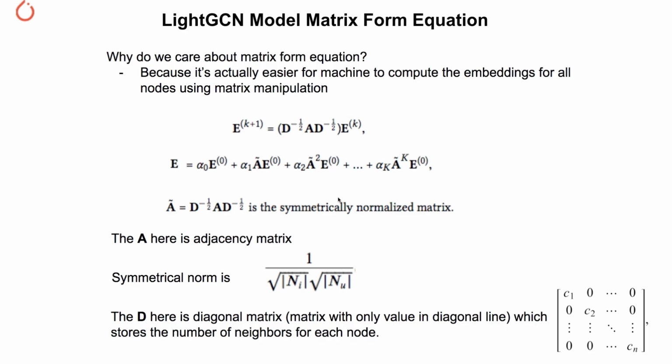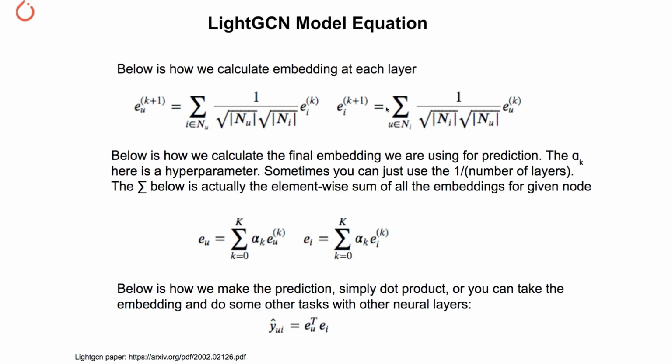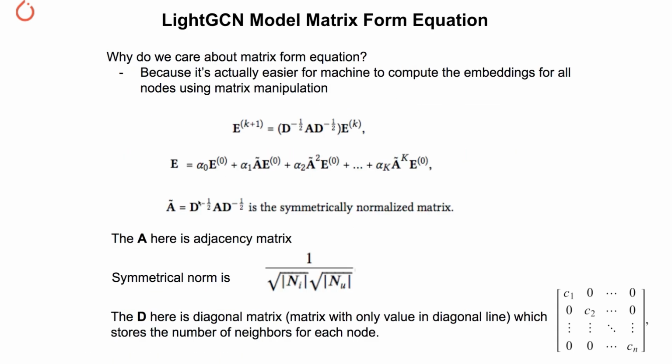This is basically doing this, but because this is just for one node, right? We need to apply this based on the number of neighbors on the entire embedding. So that's why we have this A tilde.